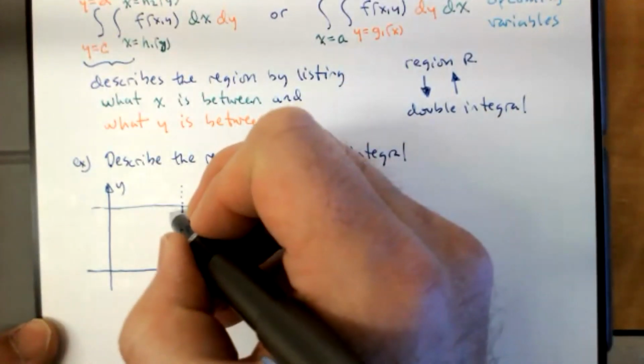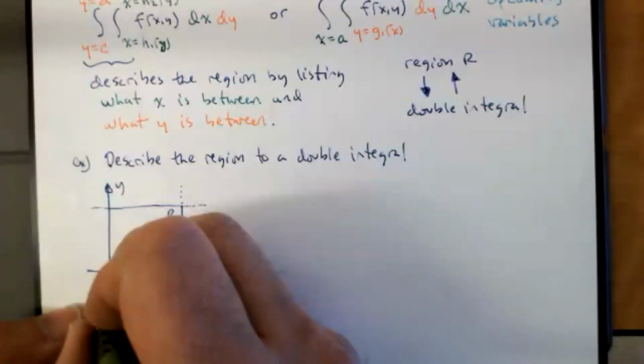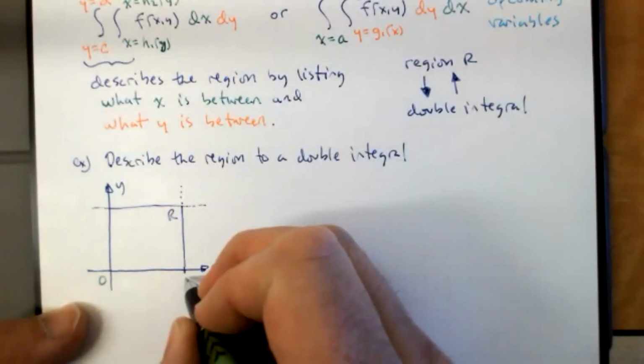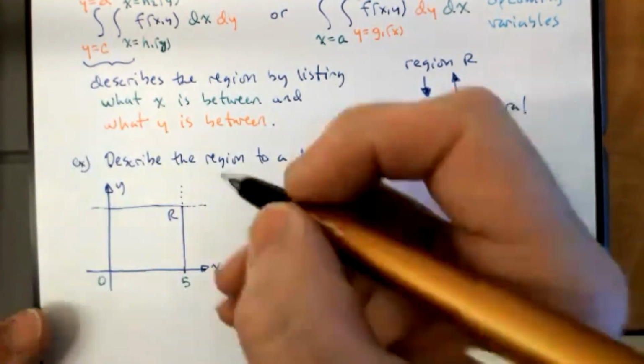Let's suppose that the region R is just a rectangle. And let's say the base of this rectangle, the x starts off at 0 and goes up to 5, and the y starts off at 0 and goes up to 3.